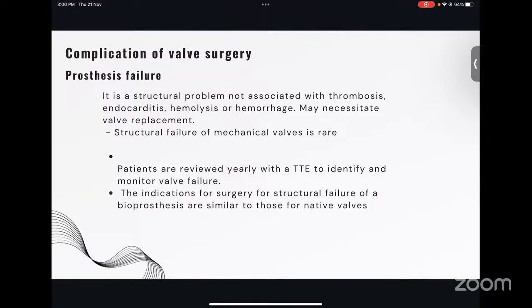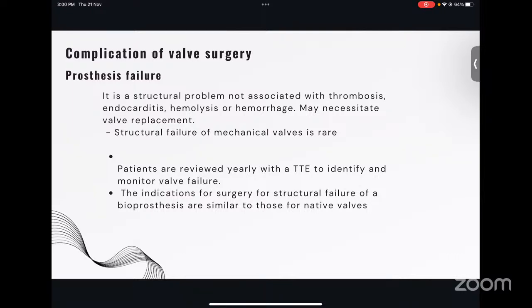Prosthesis failure, which is a structural problem not associated with thrombosis, endocarditis, hemolysis, or hemorrhage, may necessitate valve replacement. Structural failure of a mechanical valve is rare.